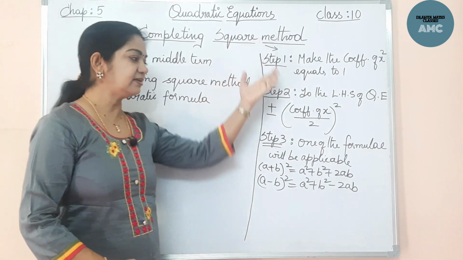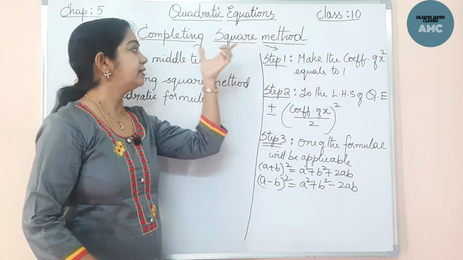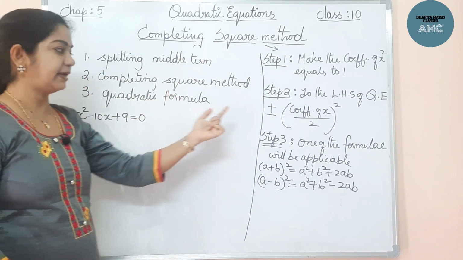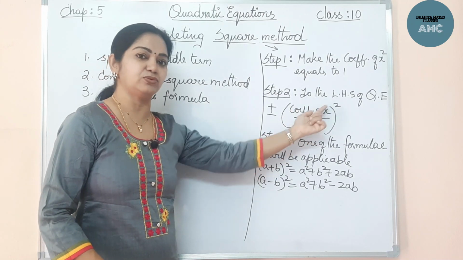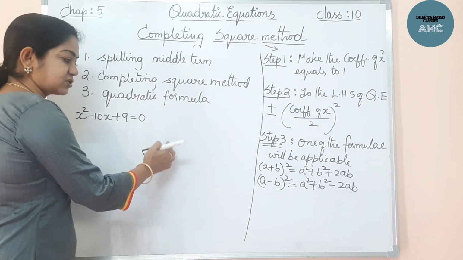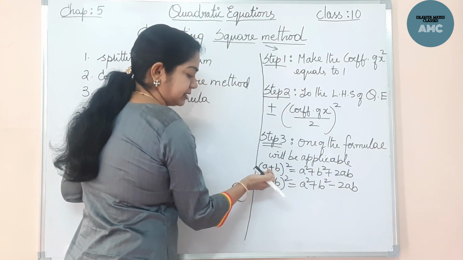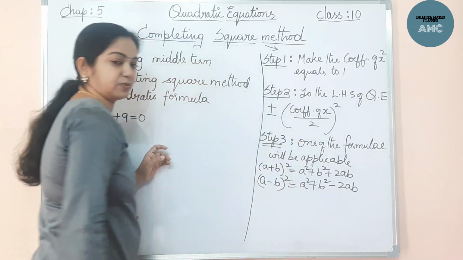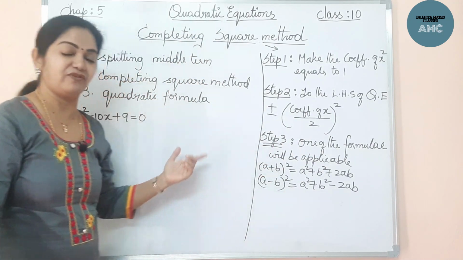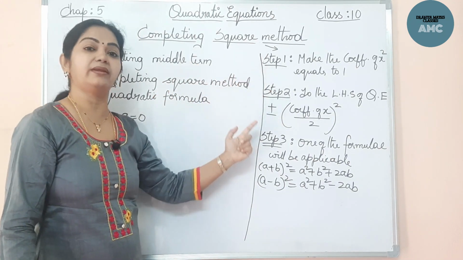These are the steps involved in the completing square method. The method name itself says square. Square means after adding and subtracting the coefficient of x by 2 whole square to the LHS, we will see a square, that is, one of the formulae, a plus b whole square or a minus b whole square. By completing these squares, we will find the roots. These three steps are very important, students.